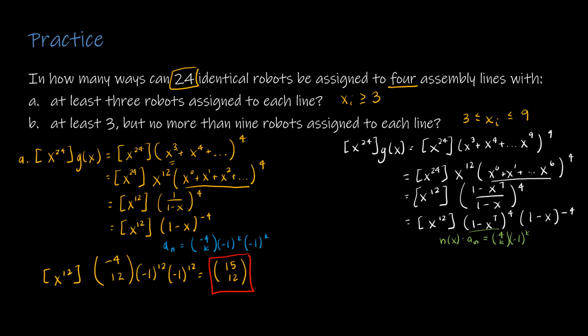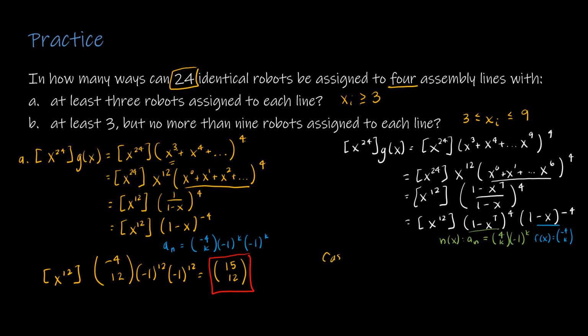And for my other one, we'll call it f of x, I'm going to take -4 choose k, and then I'm going to end up with -1 to the k twice, which is going to cancel out. So I'm going to leave it just like that. So now what? Well, now it's convolution.